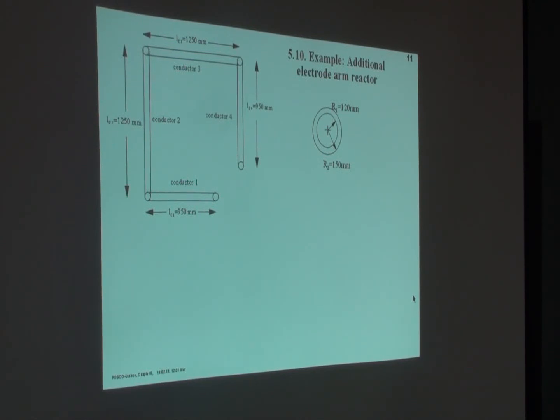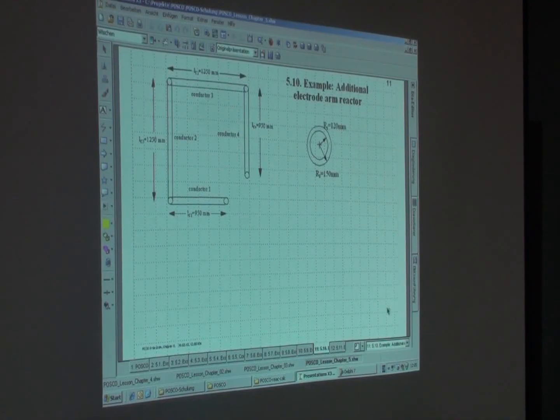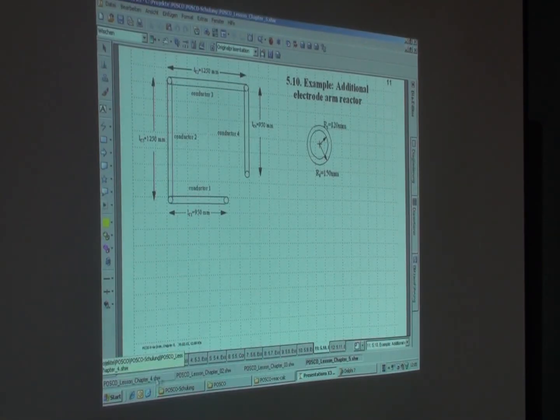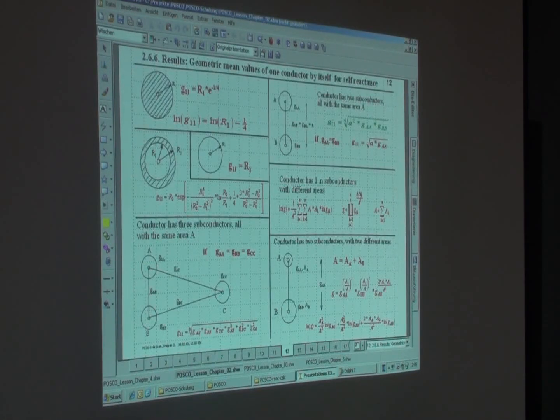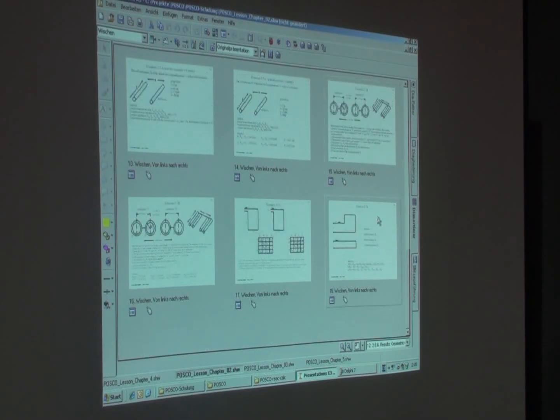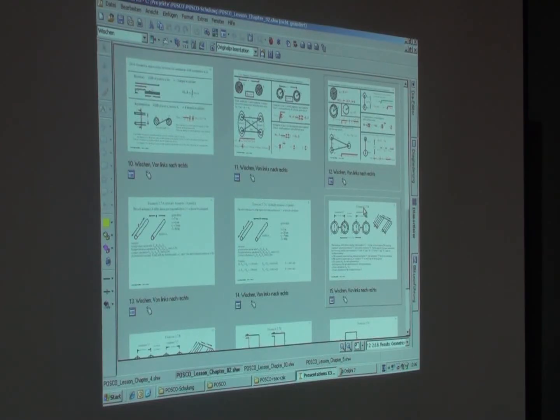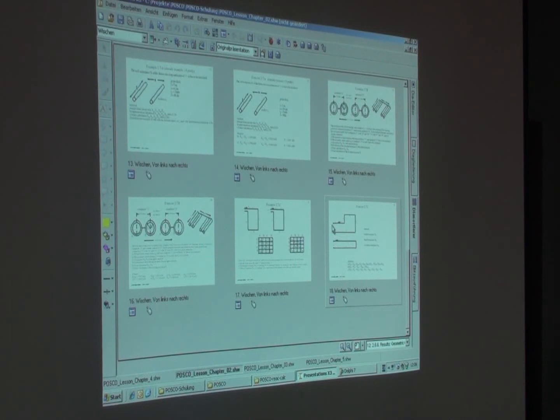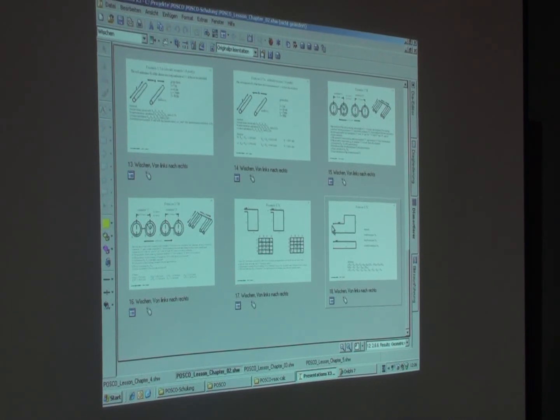We will look in chapter 2, where the reactance is. Chapter 2, over here. Where is it? Remember yesterday?